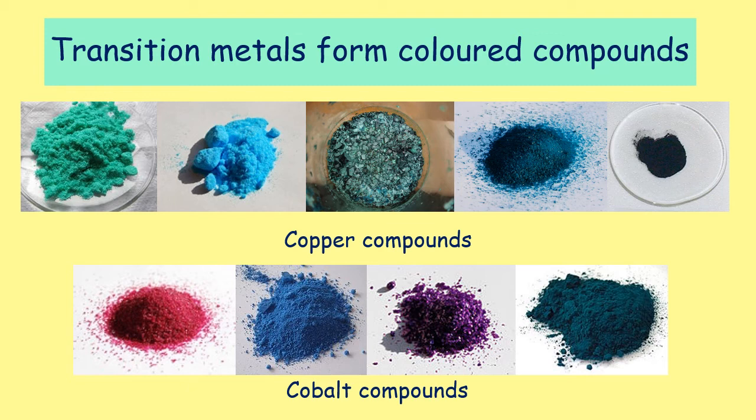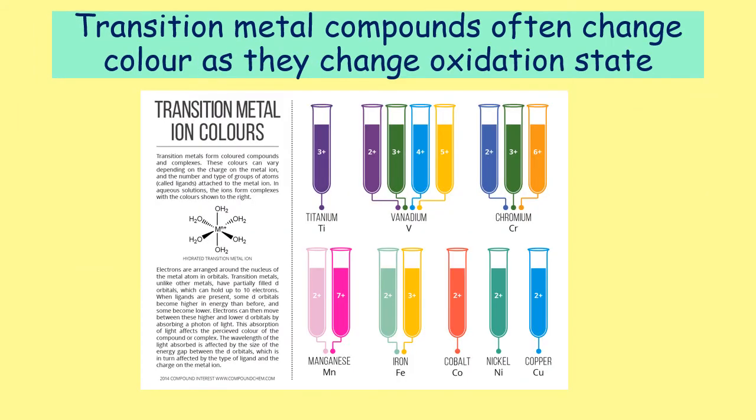But in some of these, copper may be 2+ and some of them 1+. With the cobalt compounds, some of them are pink, some of them are blue or green. Again, that's usually depending on whether the cobalt is a 2+ or a 3+ charged compound.